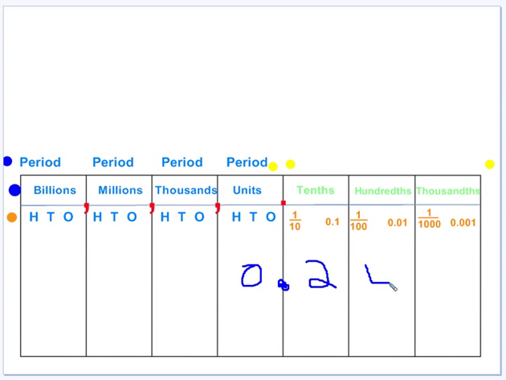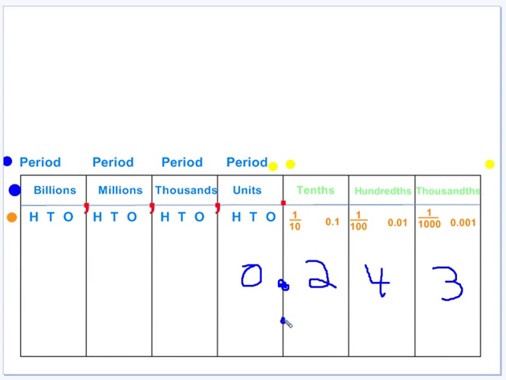And let's say that this is our number here. I would say that this is 0 and, you don't really have to say that, but we're going to do that just so that we remember. It's 0 and 243, just like you're reading the number without that decimal point. 243 thousandths. We end at the thousandths place.